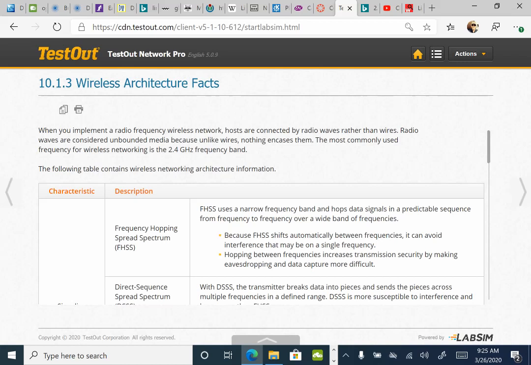When you start dealing with wireless, you're dealing with radio technologies, and radio transmissions happen a lot differently than electronic transmissions. We're not really here to become radio experts, but there are some strange things that happen in the radio world that don't happen in the electron world.